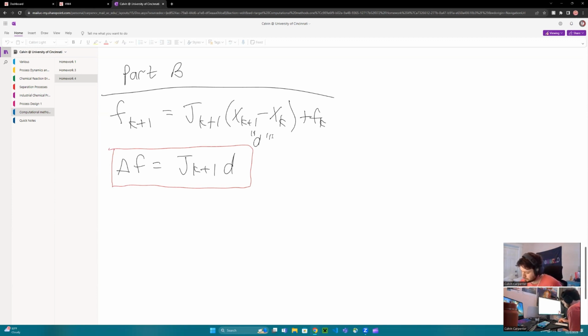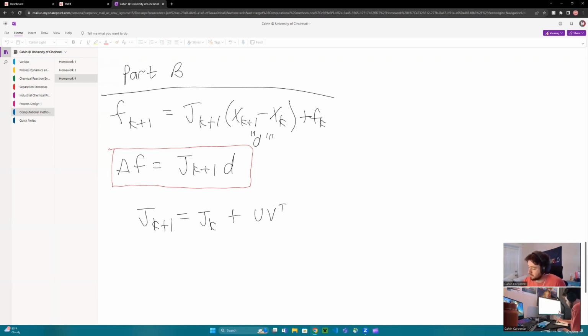Also, we have this equation: J of k plus 1 is equal to J of k plus u v transpose.